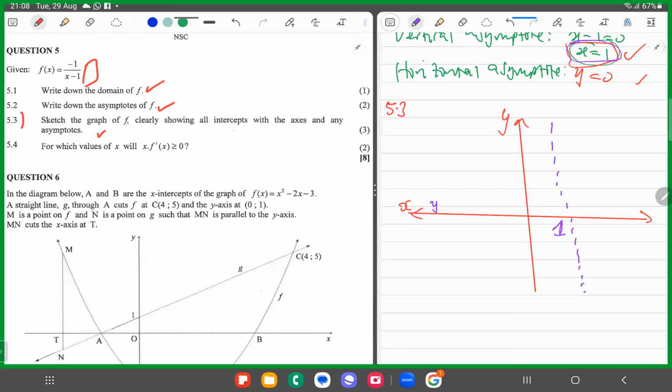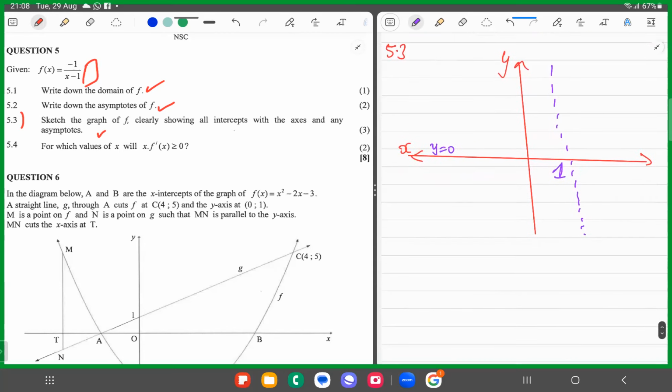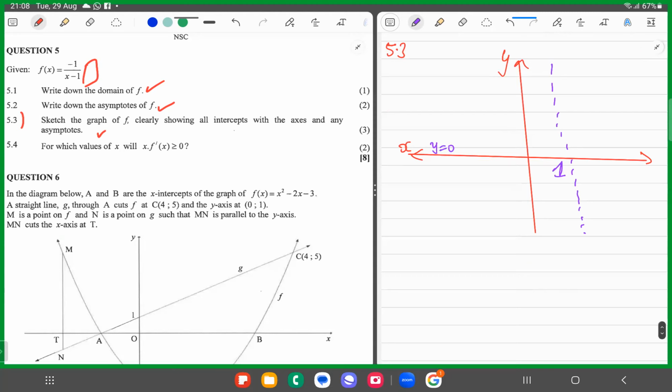So you need the intercepts with the axes. Right, so you need to find the x-intercept, or at least the y-intercept. Okay, let's find the y-intercept.